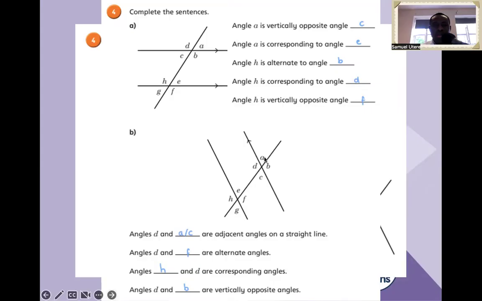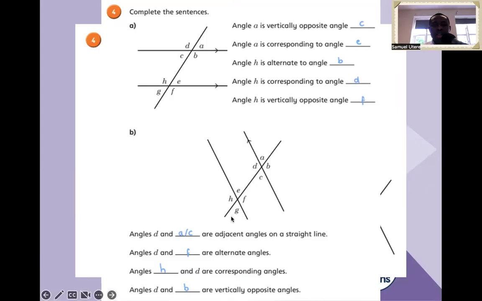D to A and then to C. Sorry, adjacent, not alternate angles, adjacent angles on a straight line. So they would sum to be 180 degrees. Angles D and F are alternate angles.